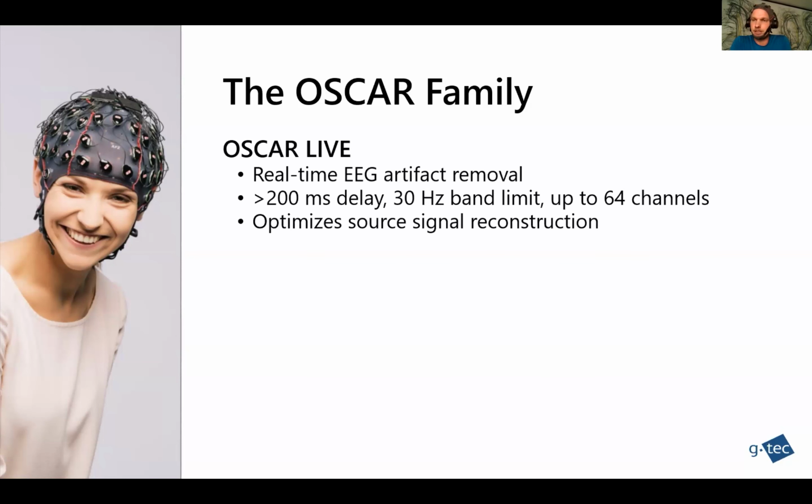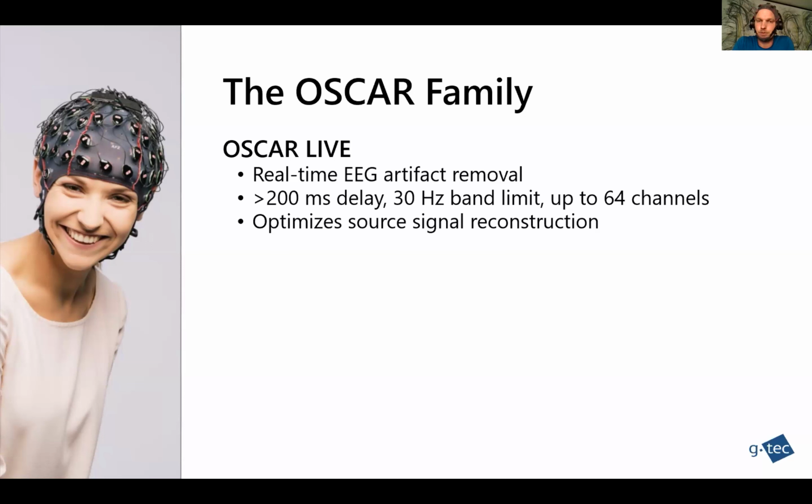We are limited to standard EEG. So we have 30 Hertz, which is enough most of the time for standard BCI control. And we can process, and that's actually new, and we're quite proud of that, up to 64 channels in real time. The sampling rate doesn't really matter because we are anyhow band limited.